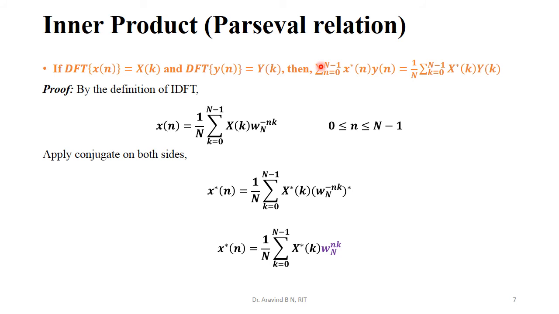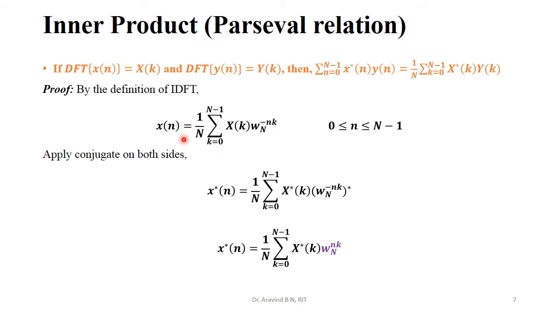We need to have three concepts within this expression. One is, for x we must have a conjugate, then we must have this y of n as well as this summation. If we integrate all of them together, automatically we will end up on the right hand side with the equivalent representation. Now let us try with that one.